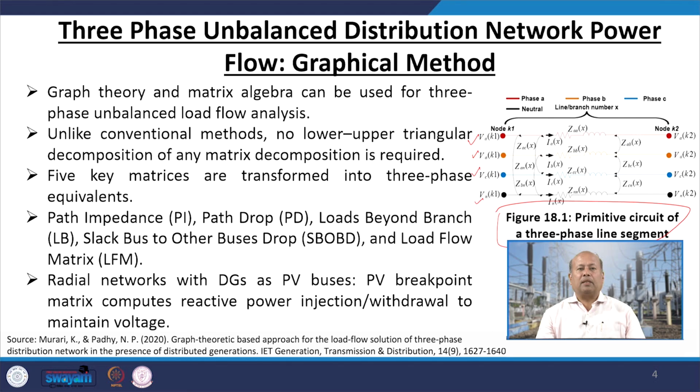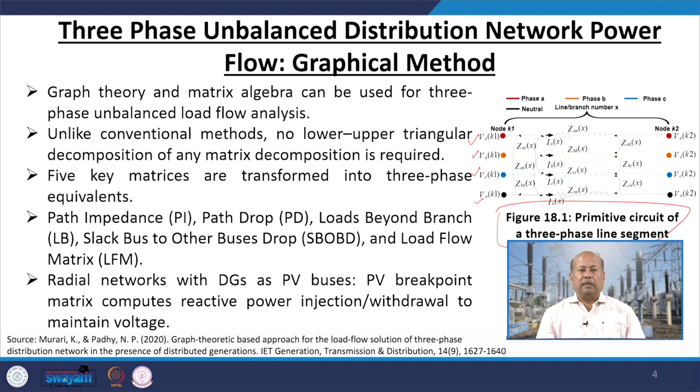Five key matrices are transformed into three phase equivalents: path impedance, path drop, loads beyond branch, slack bus to other bus drop and load flow matrix LFM. So, PI, PD, LB, SBOBD and LFM, those 5 matrices need to be determined.